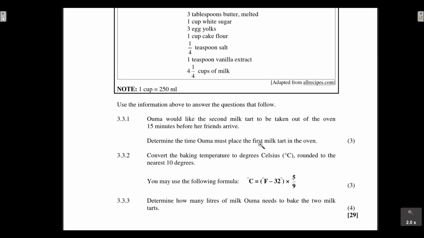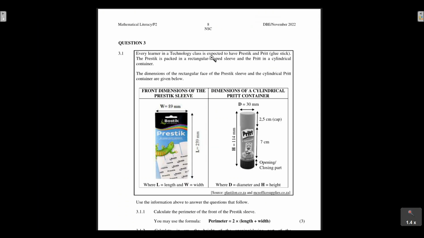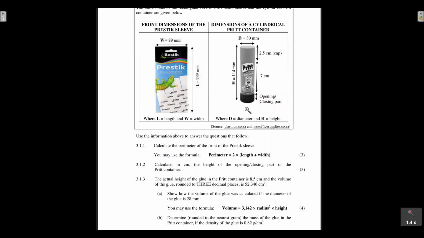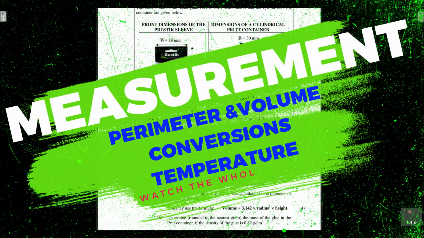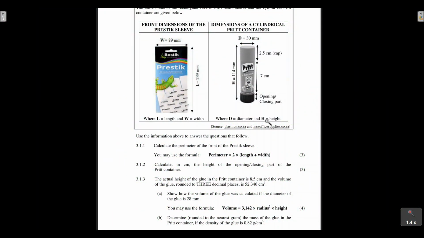So in question 3, all that we are being tested on is our understanding of all the topics that we've learned under measurements: conversions, calculating perimeter, volume and density, converting from degrees Fahrenheit to degrees Celsius, and also converting units of measurement for length and for volume.